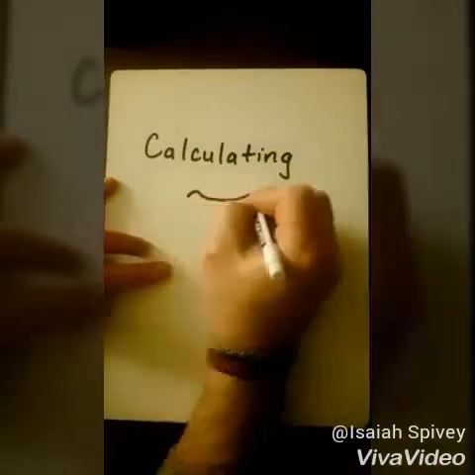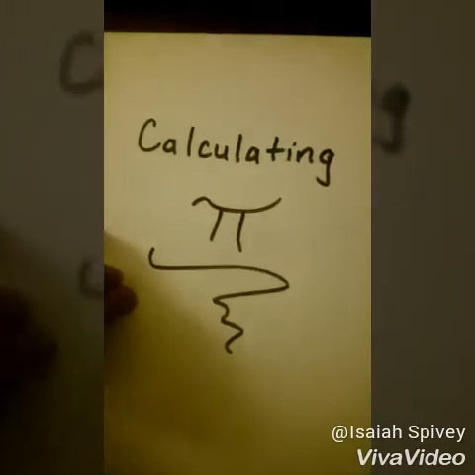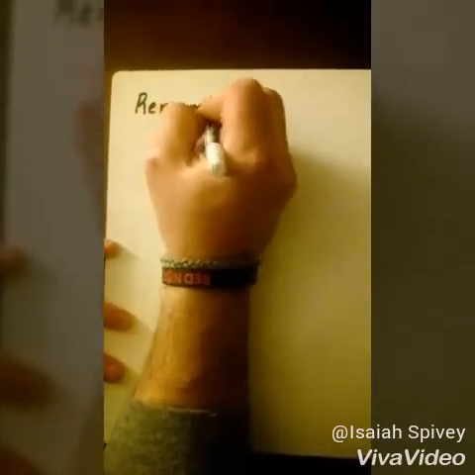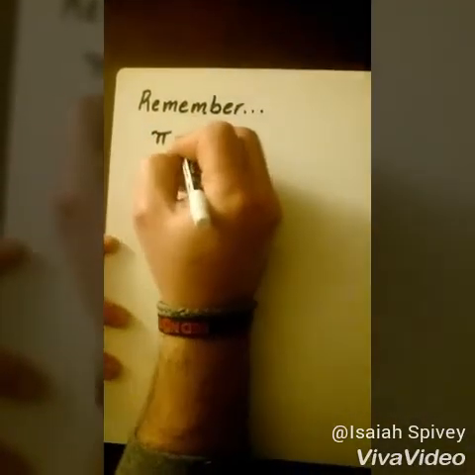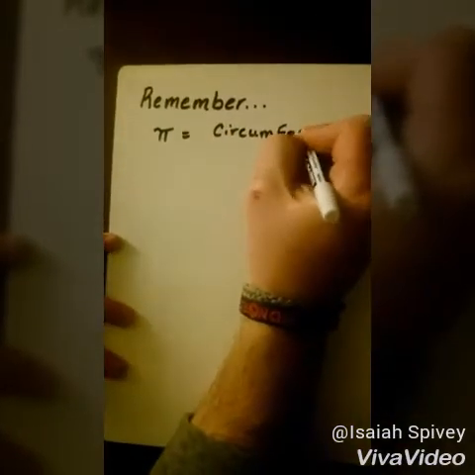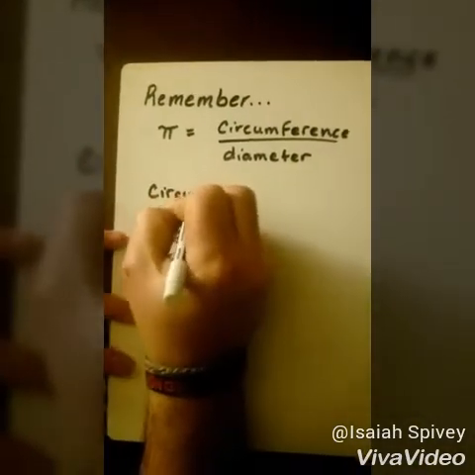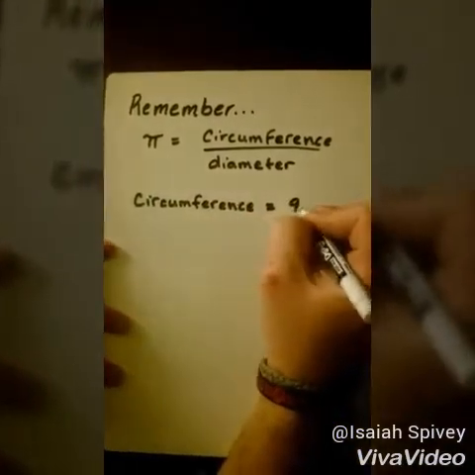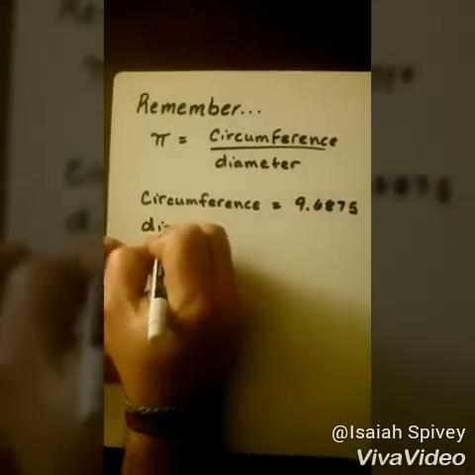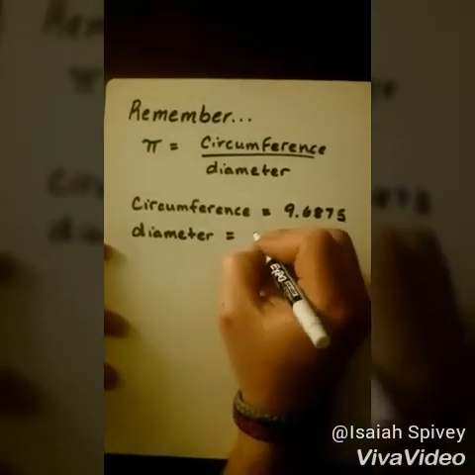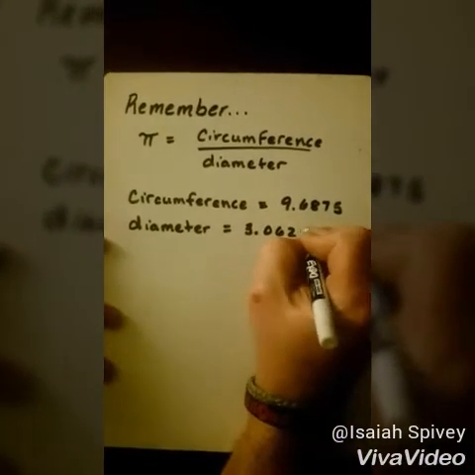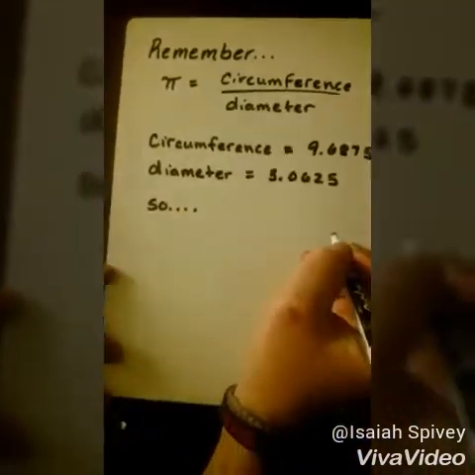So now we have enough to calculate our value for pi. Remember that pi is actually the ratio of circumference over the diameter. The measurement I got for circumference was 9.6875. My diameter was 3.0625.